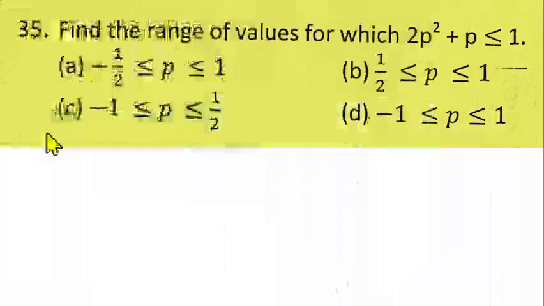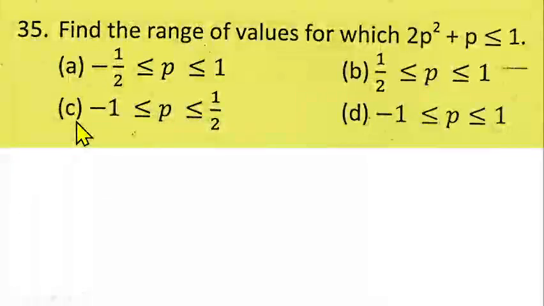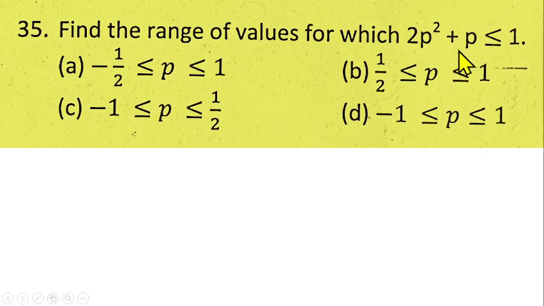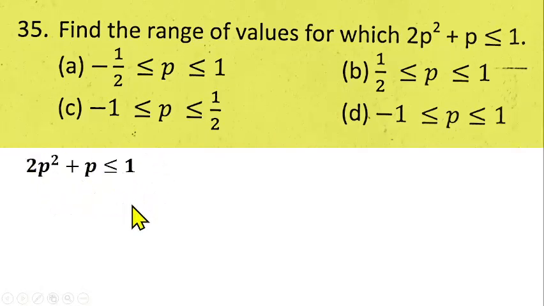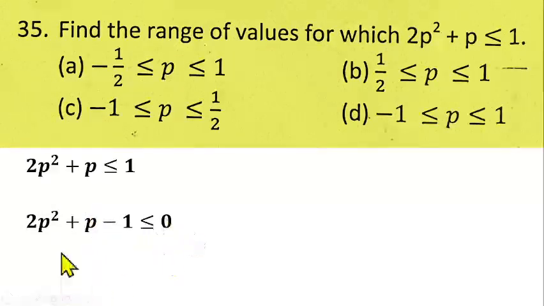Question number 35 is from inequalities. You have to find the range of values for which 2p squared plus p is less than or equal to 1. So this is quadratic inequalities. Then we need to make it a proper quadratic inequality by taking this 1 to this side. You have 2p squared plus p minus 1 less than or equal to 0.